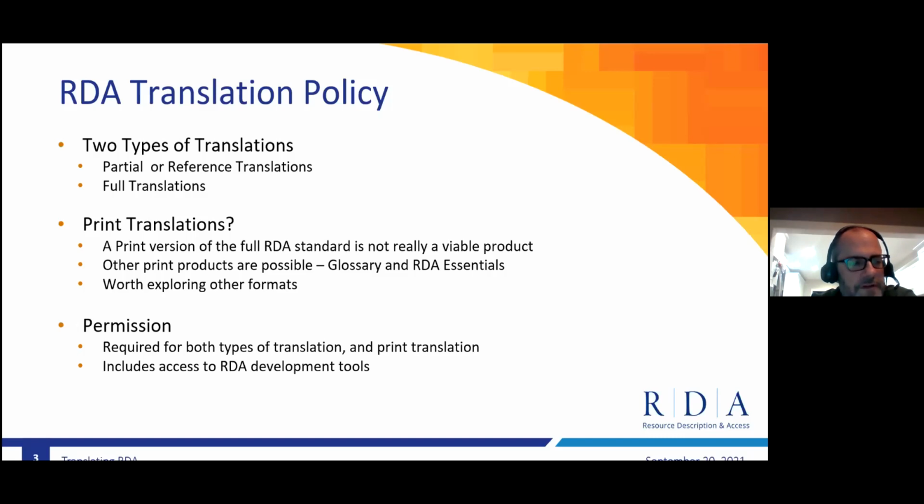Depending on what type of translation you want to do will affect the degree or the type of permissions that are required to do that work. And any permission agreement that we do come up with typically involves access to our RDA development tools. We have several different tools that we use. And just to make sure everyone's getting the latest and the proper versions of RDA to translate, we ask that you use our tools that we supply.